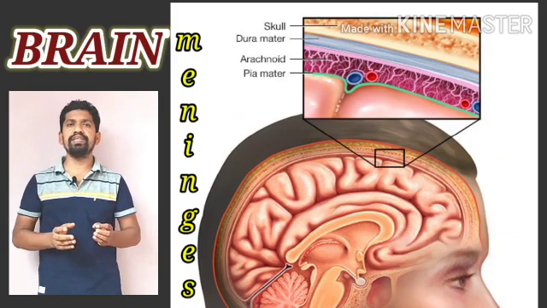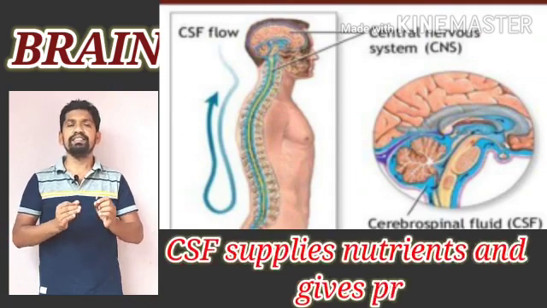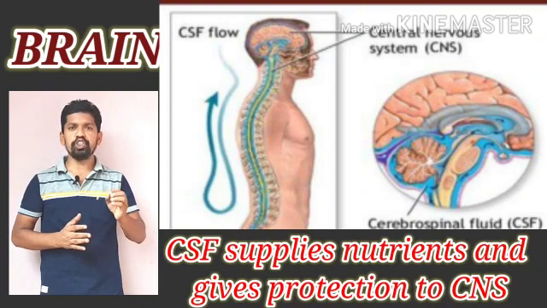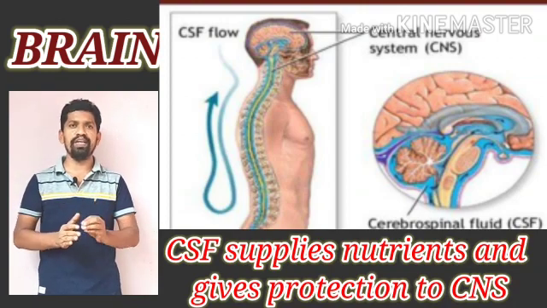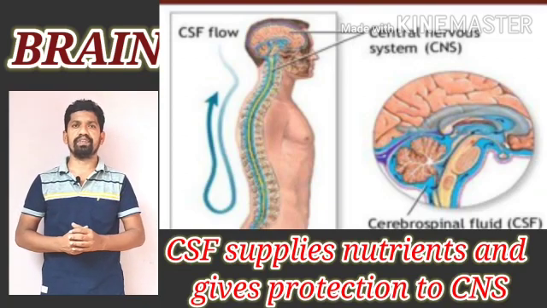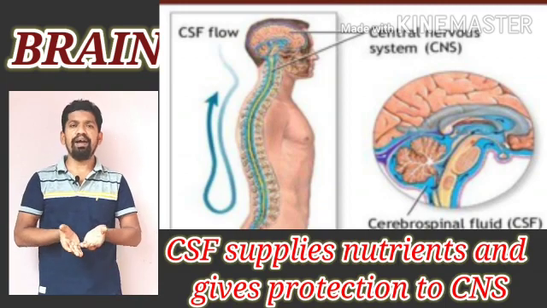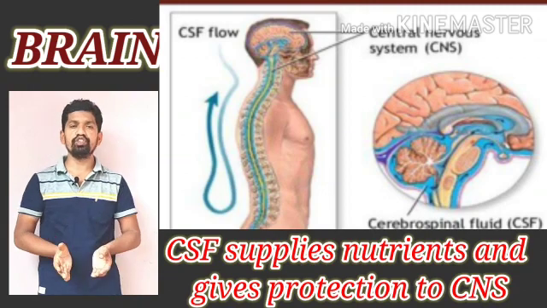Between the membranes there is an important fluid known as cerebrospinal fluid. Cerebrospinal fluid, CSF, is an important fluid which acts as a medium for the brain. It supplies nutrients to the brain tissue as well as gives protection.